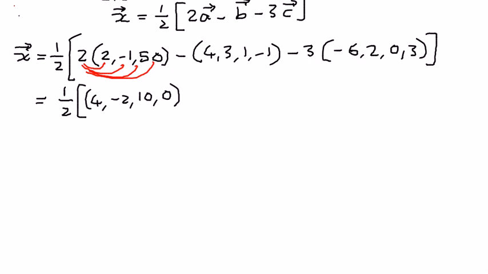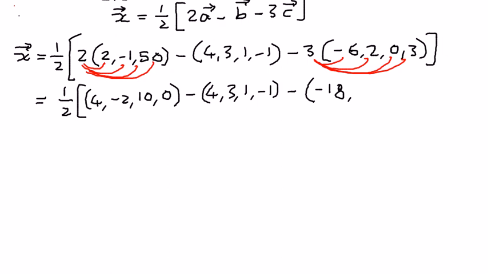So we distributed that successfully, minus 4, 3, 1, -1, and then we need to distribute this 3 to every one of the components in here. And when we do that, we have negative of 6 times 3 is 18, 3 times 2 is 6, 3 times 0 is 0, and then 3 times 3 is 9. So we got all the components distributed correctly.